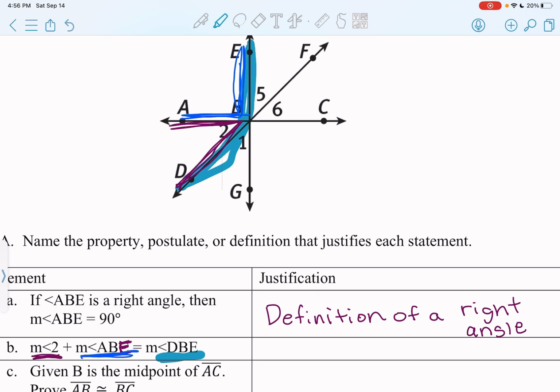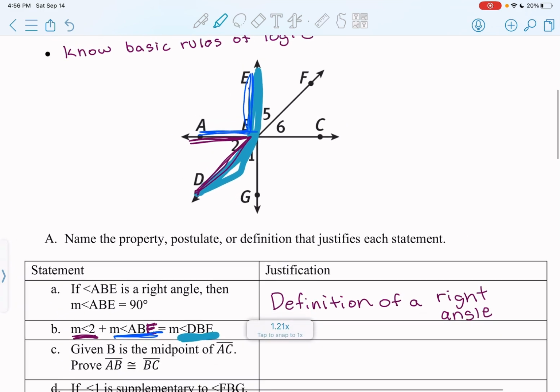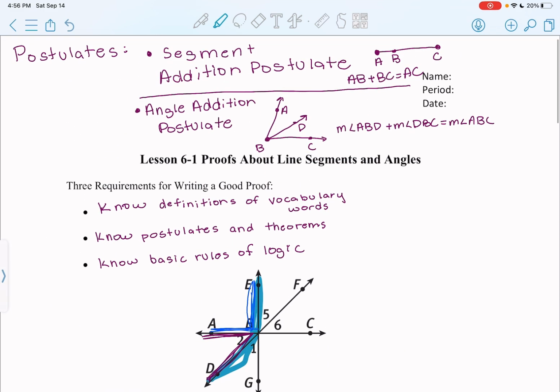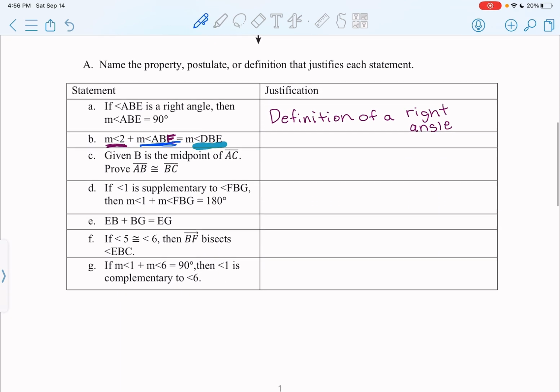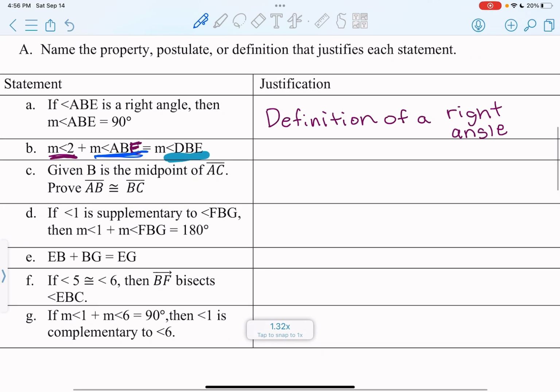Why is that true? Well, we just said that that was our angle addition postulate. Two smaller angles added together will equal the entire angle measure of what they make up. So that is the angle addition postulate.